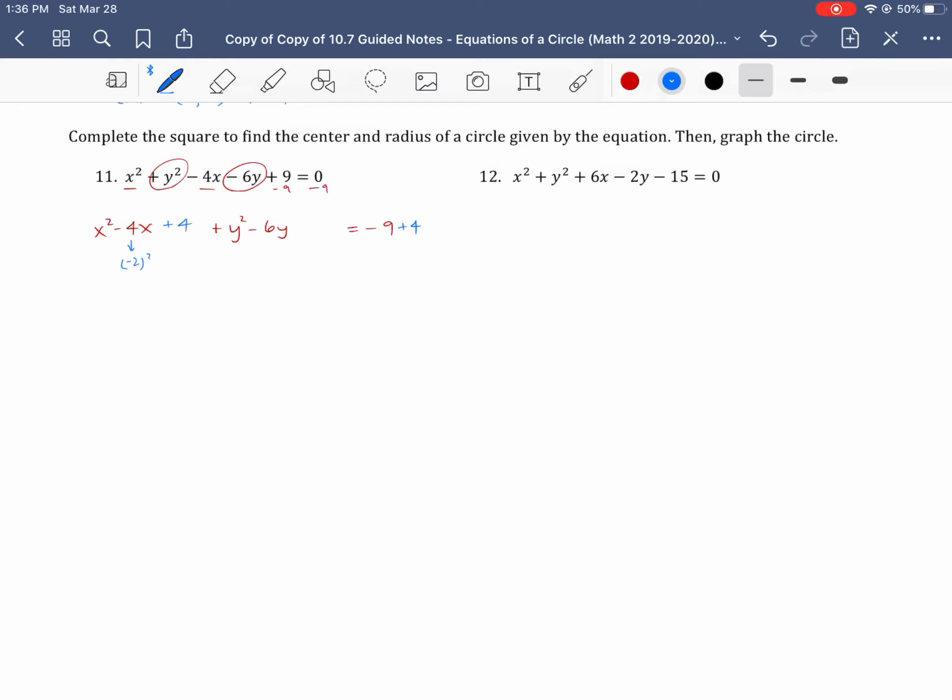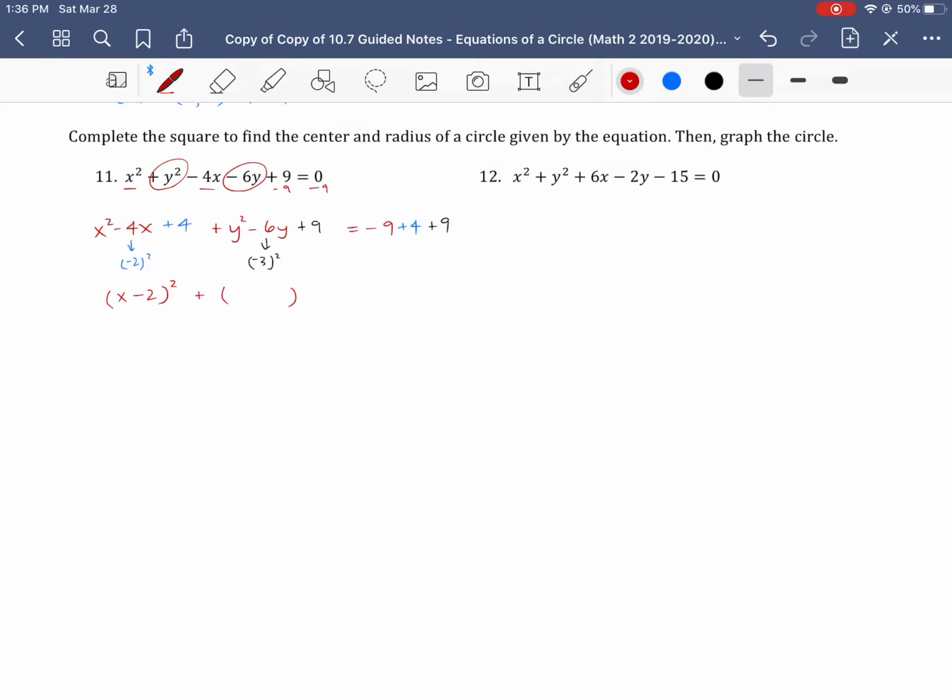If I add it to the left side of the equation, make sure I add it to the other side. Then I'm going to take half of this one, which is -3, and we're going to square that, which is a +9. So we add it to both sides. Again, we then factor. So remember, on this side, this one's going to factor down to a 2 and a 2, or in other words, x minus 2 squared.